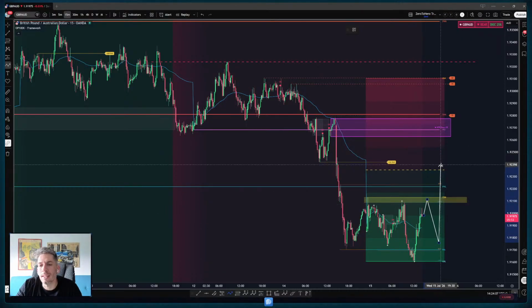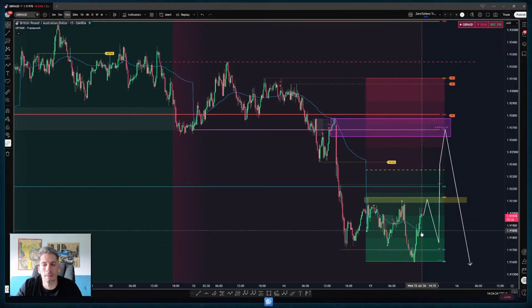But in general, here I would really love to see the market at least coming to 192.40, or even this hourly order block, before I continue to look for the sell positions. I don't believe all this will give us something special, but let's see.